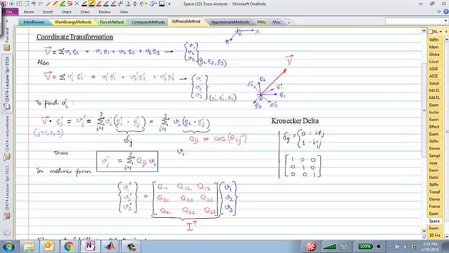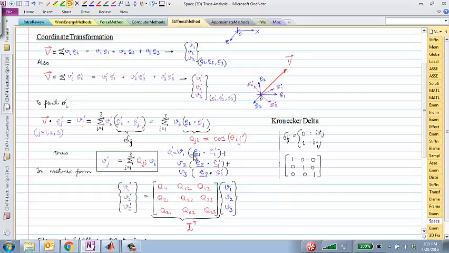V1 prime is equal to V1 E1 dot with E1 prime, plus V2 E2 dot with E1 prime, and finally plus V3 E3 dot with E1 prime.